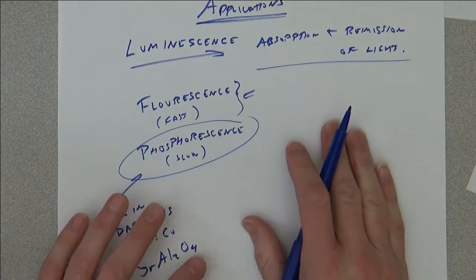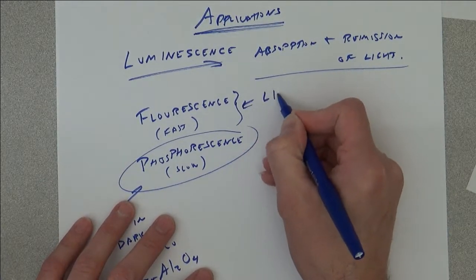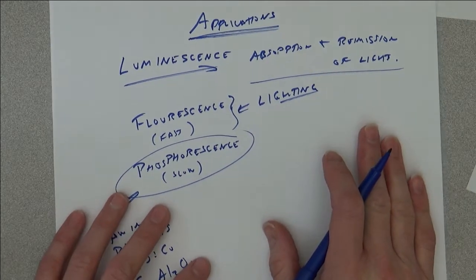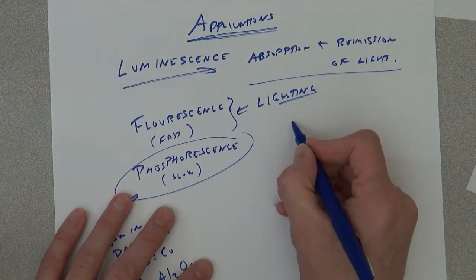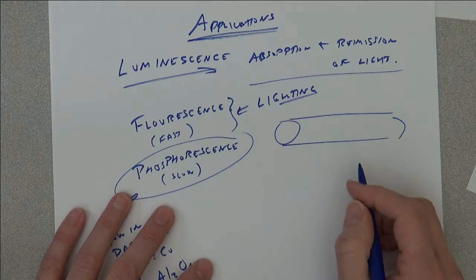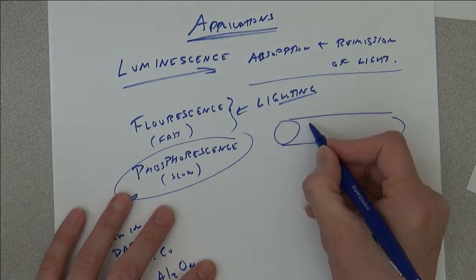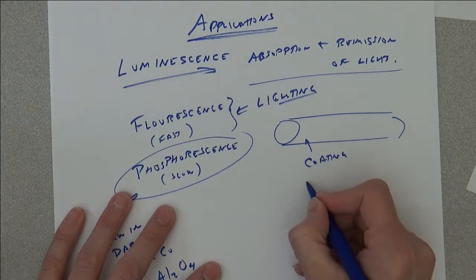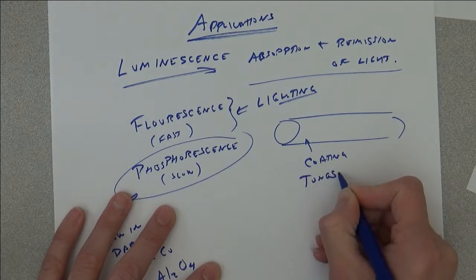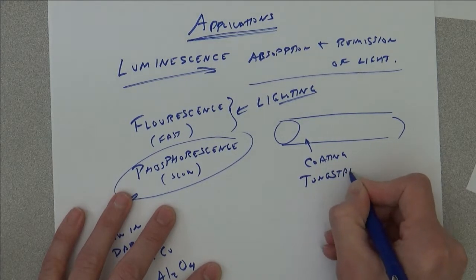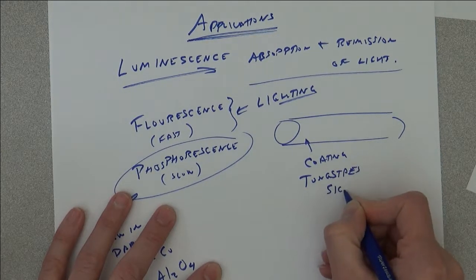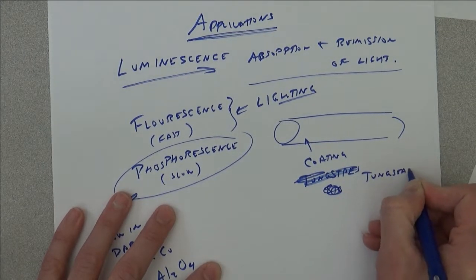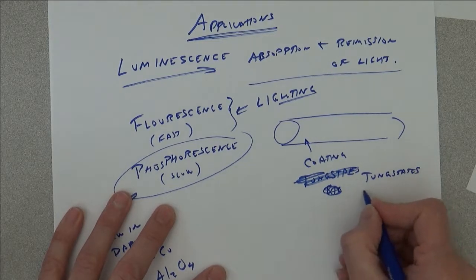Fluorescence, that's the basis for fluorescent lighting. In the case of fluorescent lighting, you have a glass tube with a coating on the tube, which is tungstates and silicates.